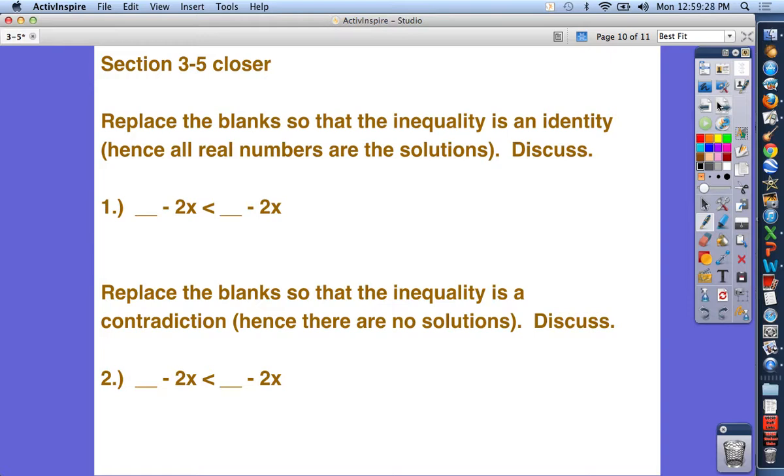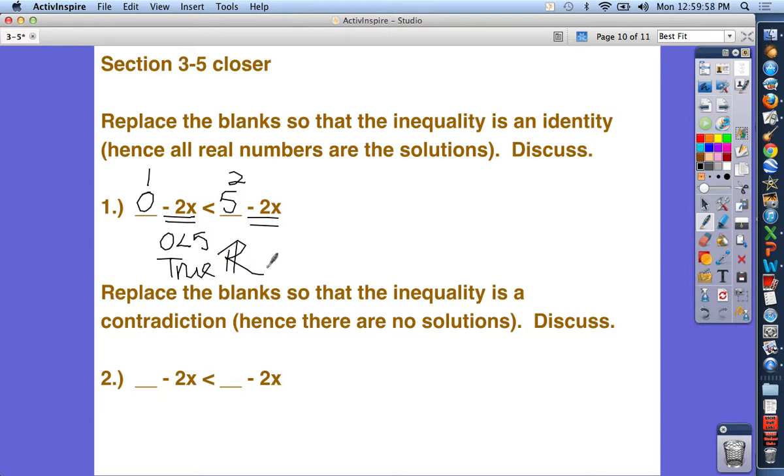Okay, well the number that I first put in was 0. 0 minus 2x is always going to be smaller than 5, notice, because 0 is less than 5. When you do the golden rule of algebra, the same thing to both sides, it's still going to stay true. You could have 1 and 2 because 1 is less than 2, and that would make a true statement, which would be all real numbers.